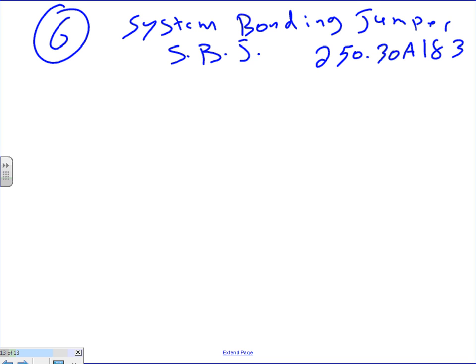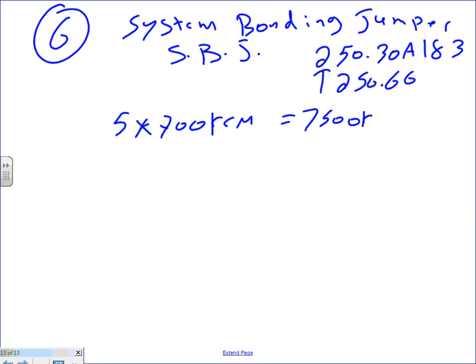If you go to A, it all talks about bonding jumper and so forth. In this case, and also table 250.66, it will tell you to take the 5 and multiply it by the 700 kcmil.